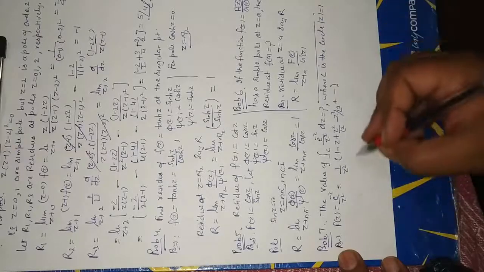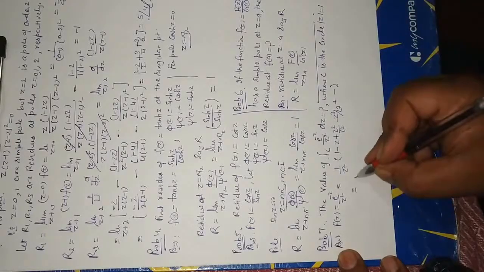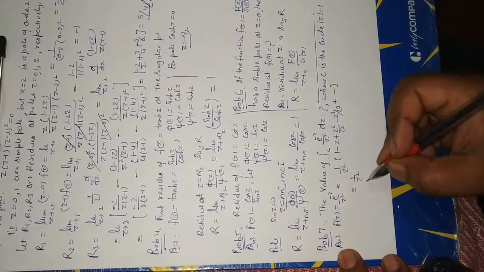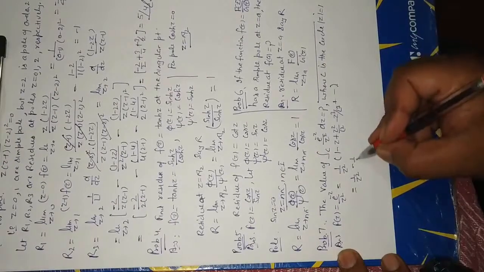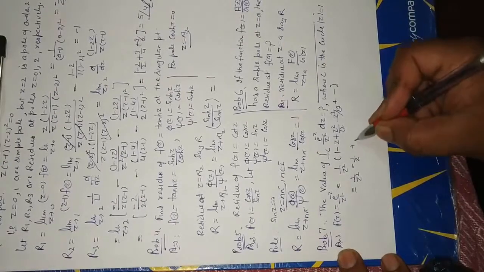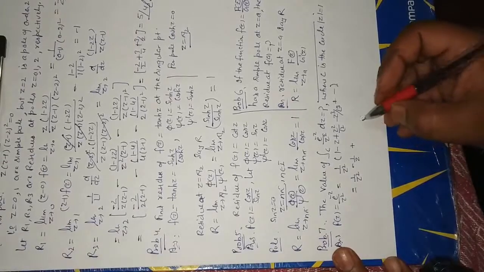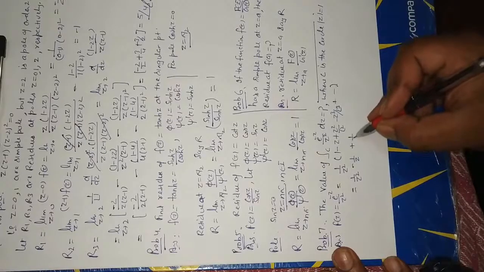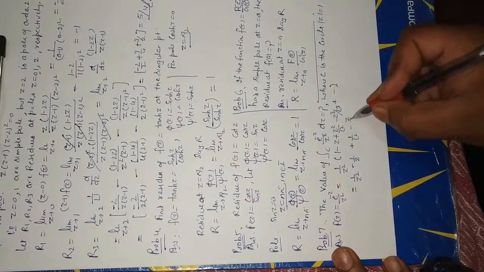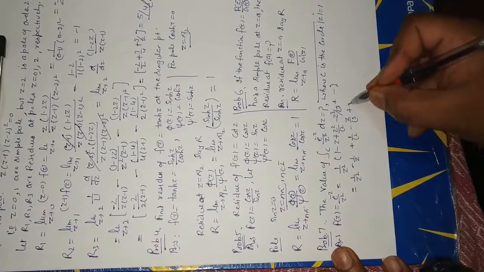That is, we get 1 upon z square minus 1 upon z plus 1 upon factorial 2 minus z upon factorial 3 plus up to dot.